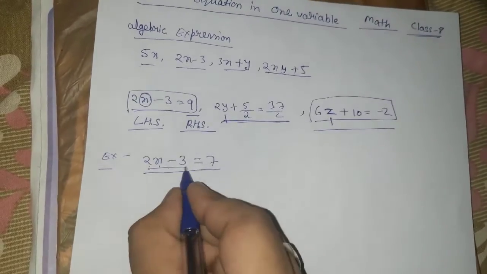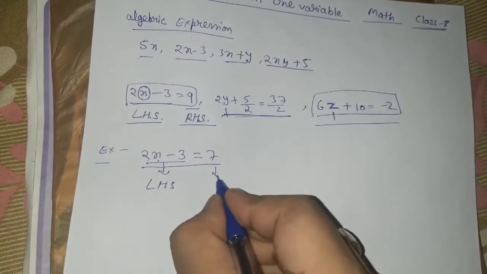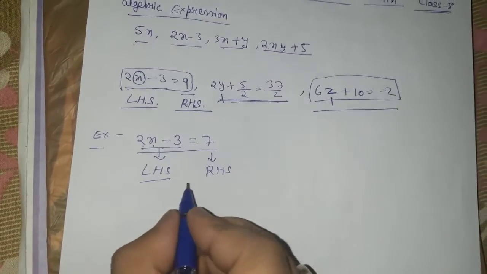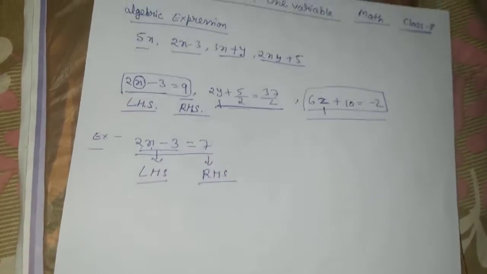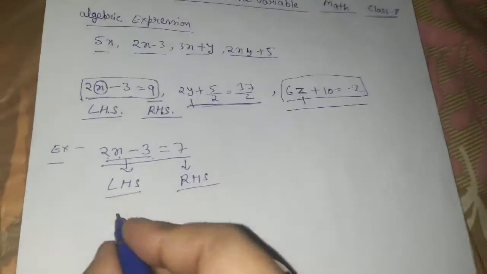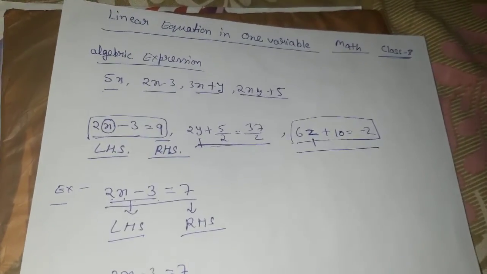Now this is the LHS and this is the RHS, meaning left hand side and right hand side. First we have to find the value of x. So 2x minus 3 equal to 7.